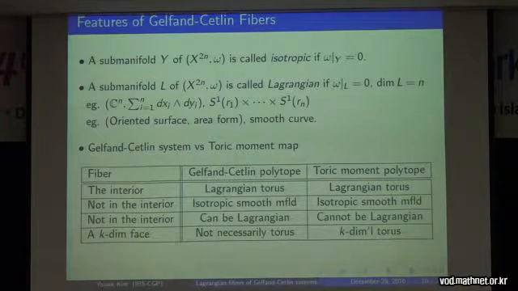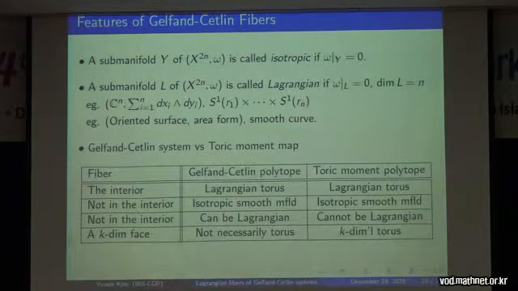And let's highlight the features of the Gelfand-Cetlin fiber. Let's compare with the usual toric fibers. It has similarities like this. If you choose a point in the interior of the polytope, the fibers are all Lagrangian tori by the Arnold-Liouville theorem. And if you choose a point not in the interior, then the inverse image is just an isotropic smooth submanifold. That's the similarity.